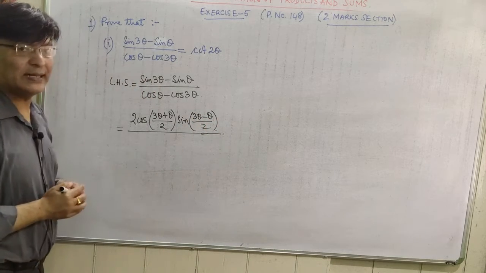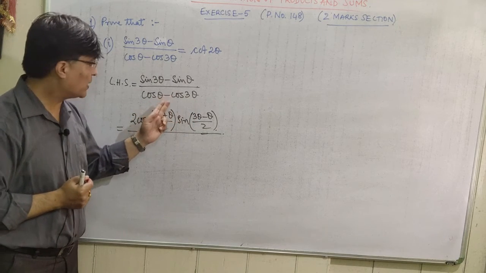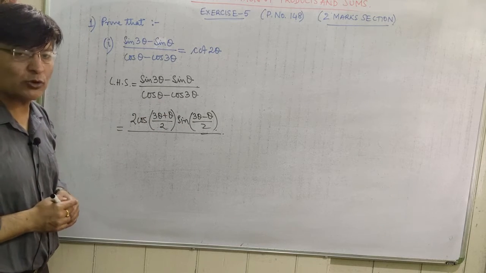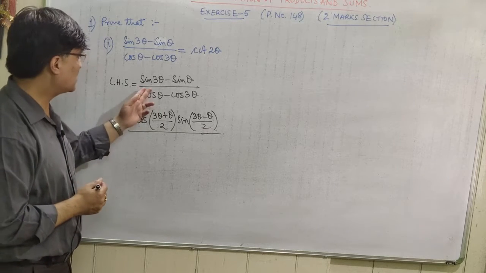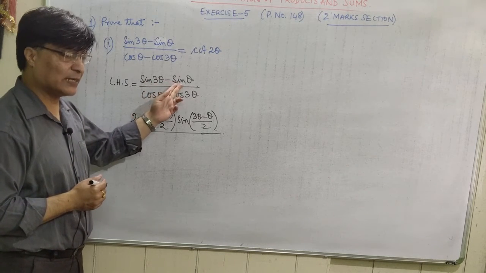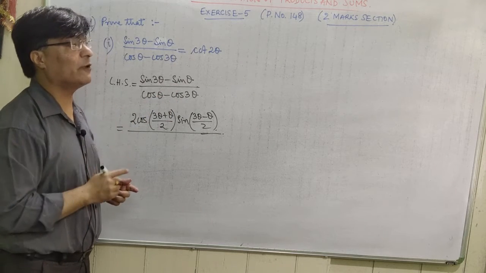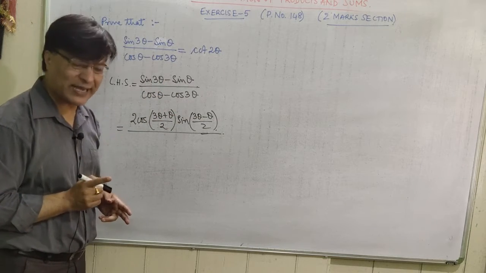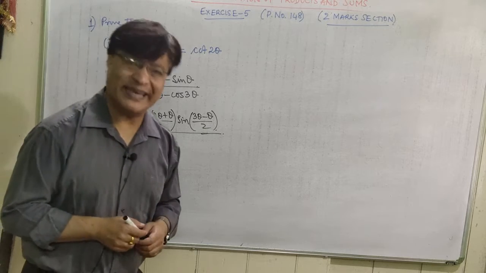And similarly, what is the formula for cos C minus cos D? You can take theta as C and 3 theta as D. Sin C minus sin D is formula number 6, and cos C minus cos D is formula number 8.